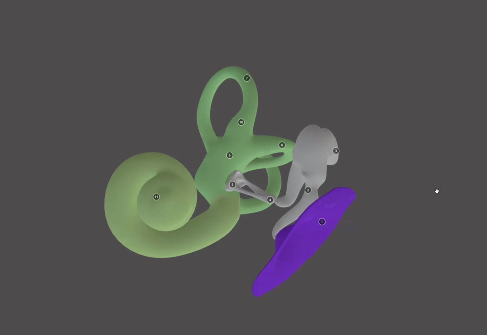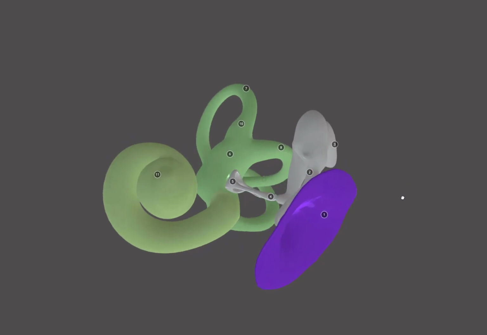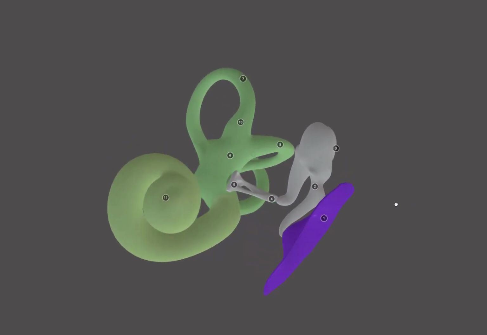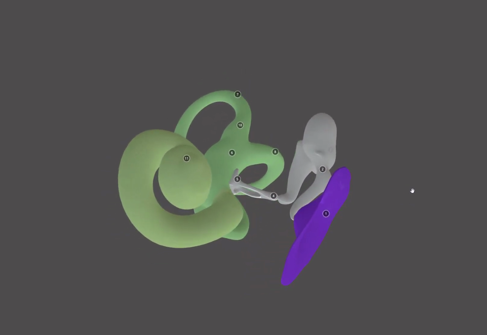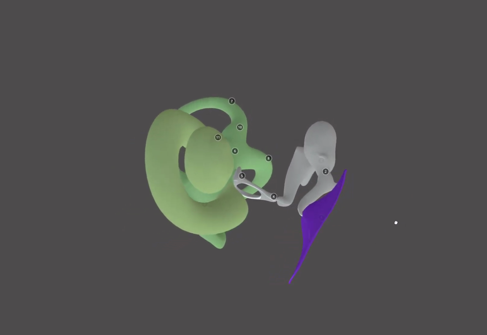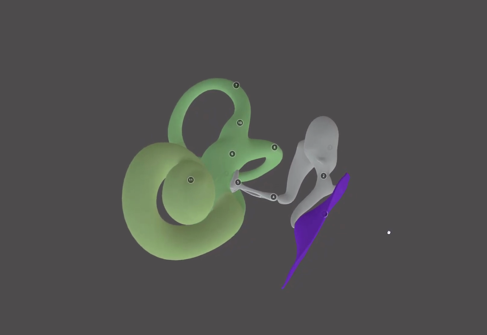In this video, I wanted to go over some of the structures of the middle and inner ear. So the outer ear consists of the pinna, which is the part that looks like your ear, and then the external auditory meatus or canal, the channel that brings the sound into this structure called the tympanic membrane, or you might remember this as the eardrum.